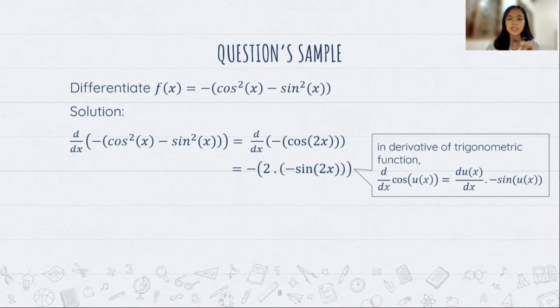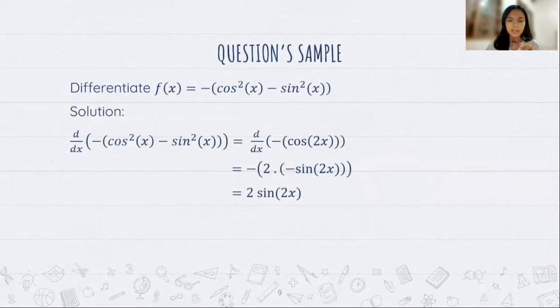So minus 2 multiplied by minus sine 2x equals 2 sine 2x. So the answer, the derivative of the function f(x), is 2 sine 2x.